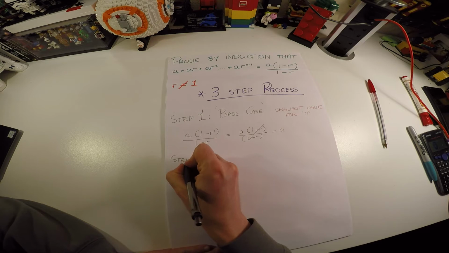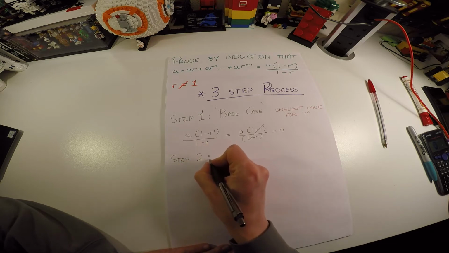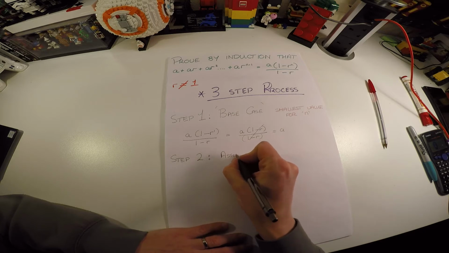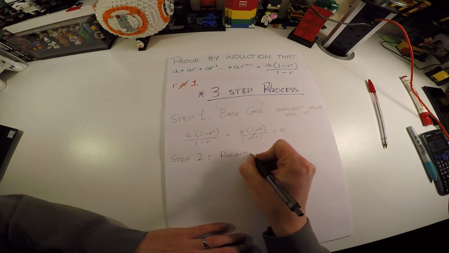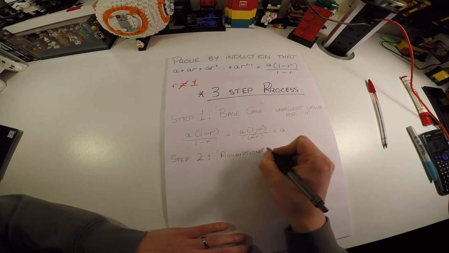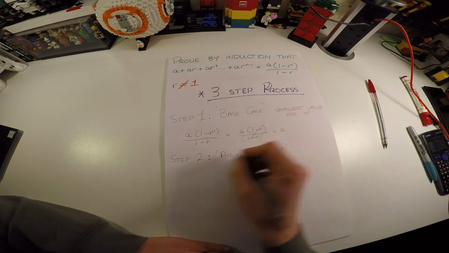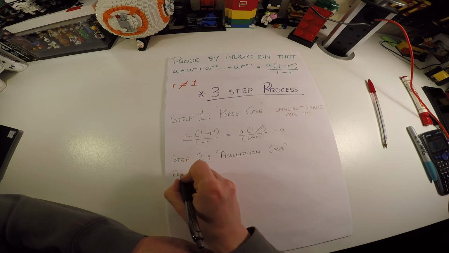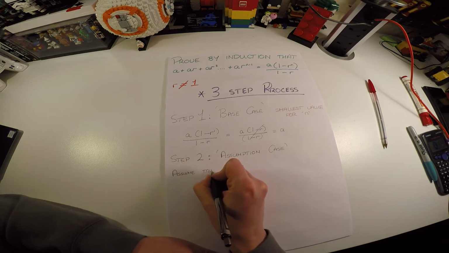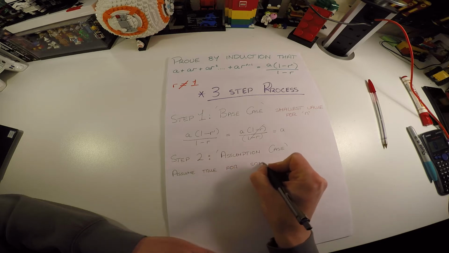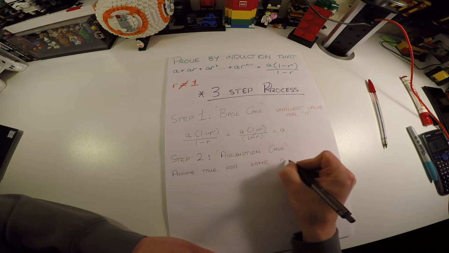Step 2 is also very easy to do. There's no maths here. This is an assumption case. So this can be true for all your proofs by induction. For our assumption, we're going to assume true for some n equals k.